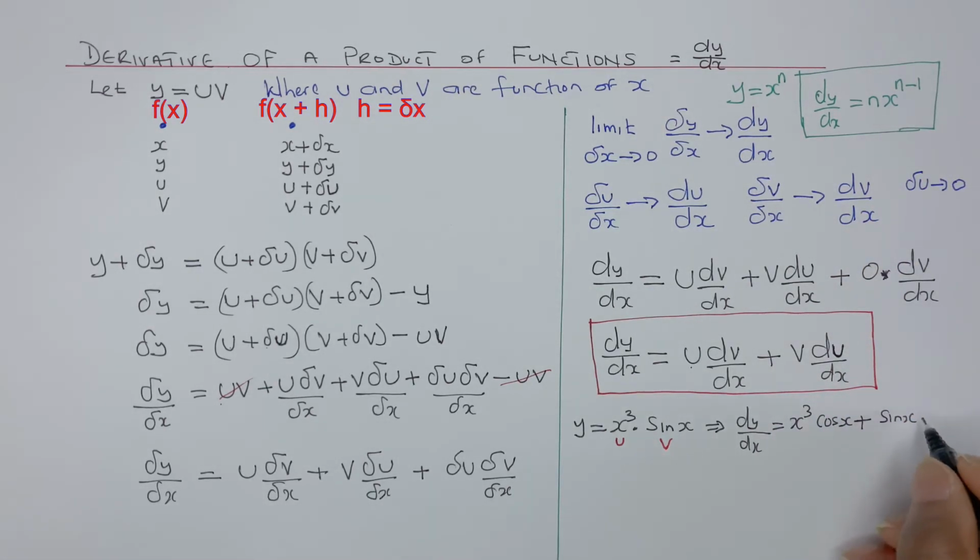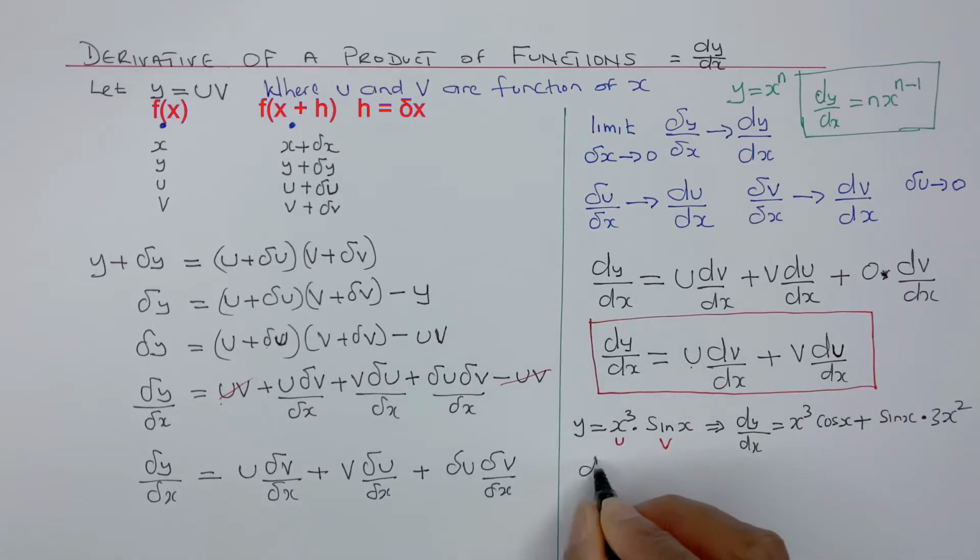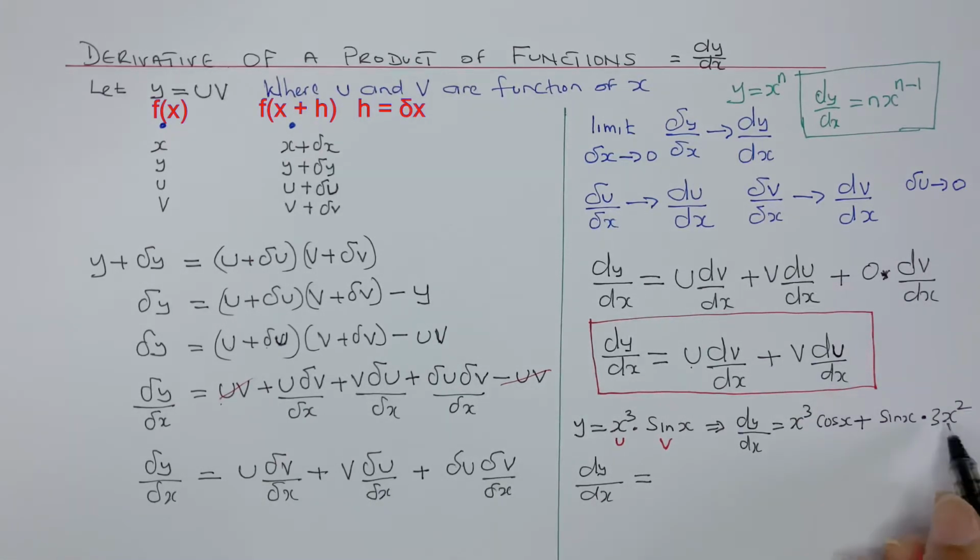So we times by 3, and 3 minus 1 is 2, so 3x squared. Therefore dy/dx is x cubed cos x plus 3x squared sine x.